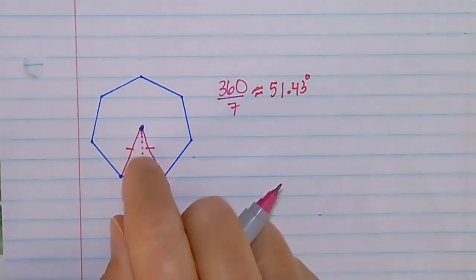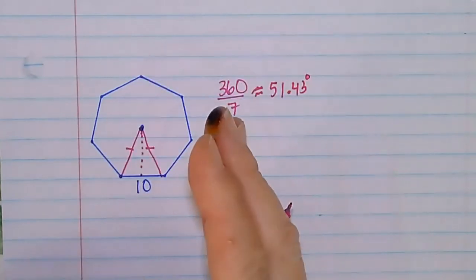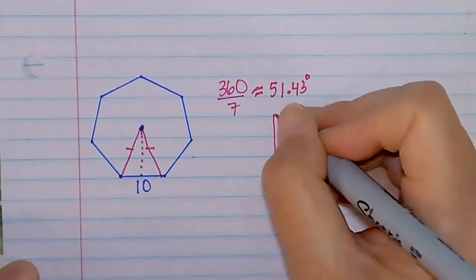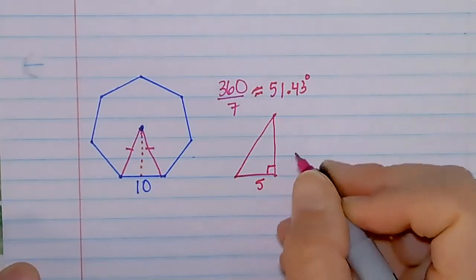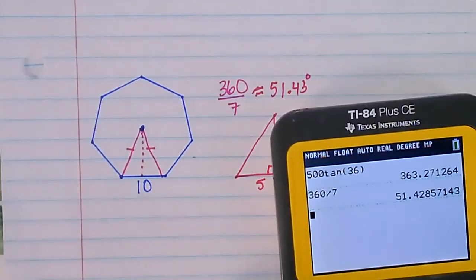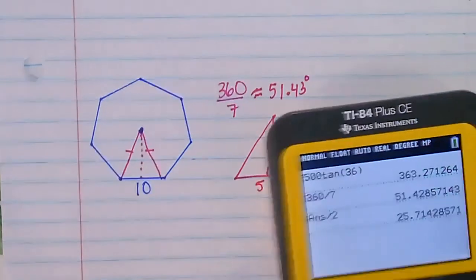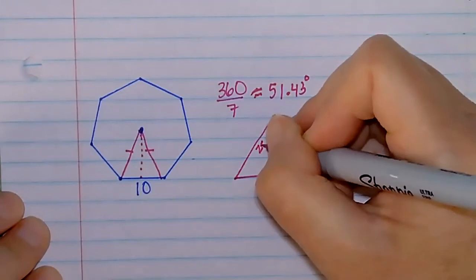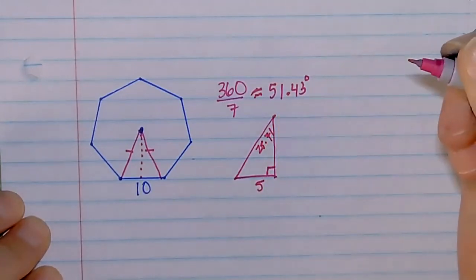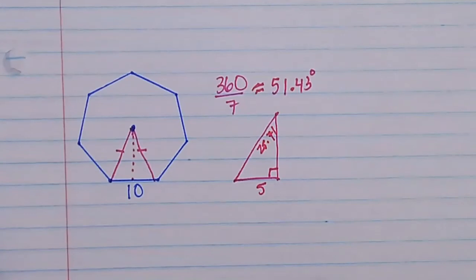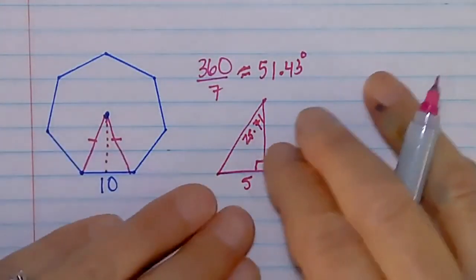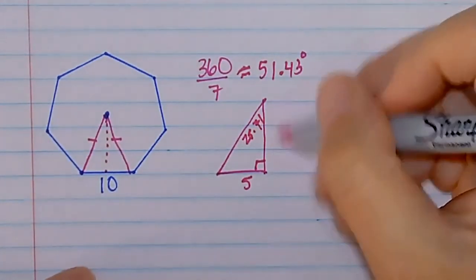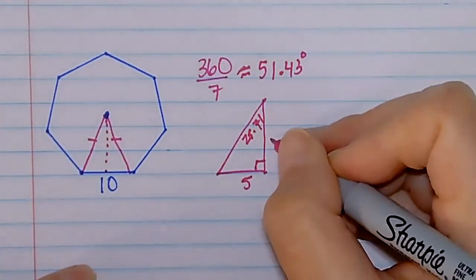Now I'm going to be taking half of this when I'm doing the triangle. And I know that this would then be 5. And I'm going to divide this angle in half, which is about a 25.71. So this is a 25.71. Now what I'm going to do is find the area of this, but I need to find the height. So to find the height, let's call this y.